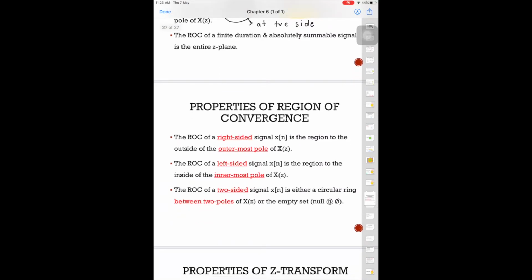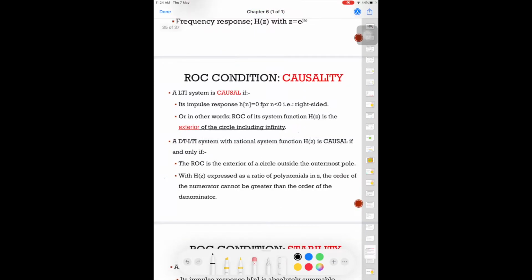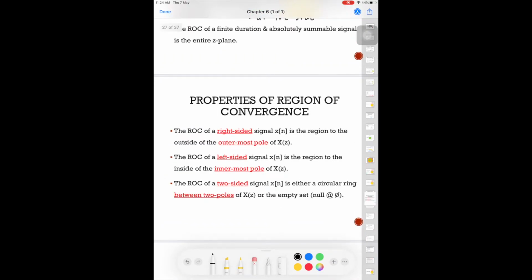Okay, next we move on. This is basically the definition of right-sided, two-sided, and left-sided. For a right-sided signal, the ROC of a right-sided signal x[n] is the region outside the outermost pole.